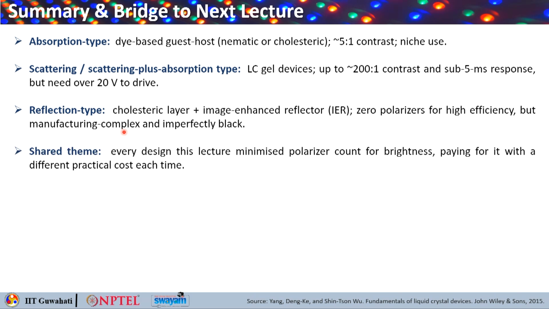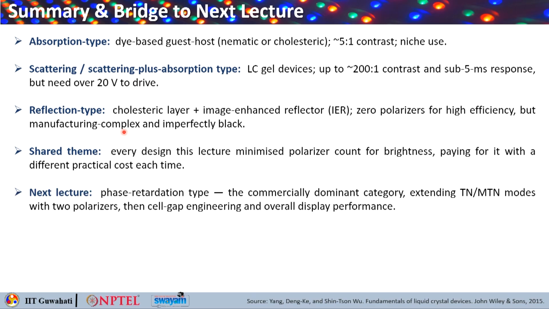So each of these designs that we discussed in this lecture and the previous one had the concept of minimizing the polarizer count for brightness, but paying for that in terms of other practical costs every time, right?